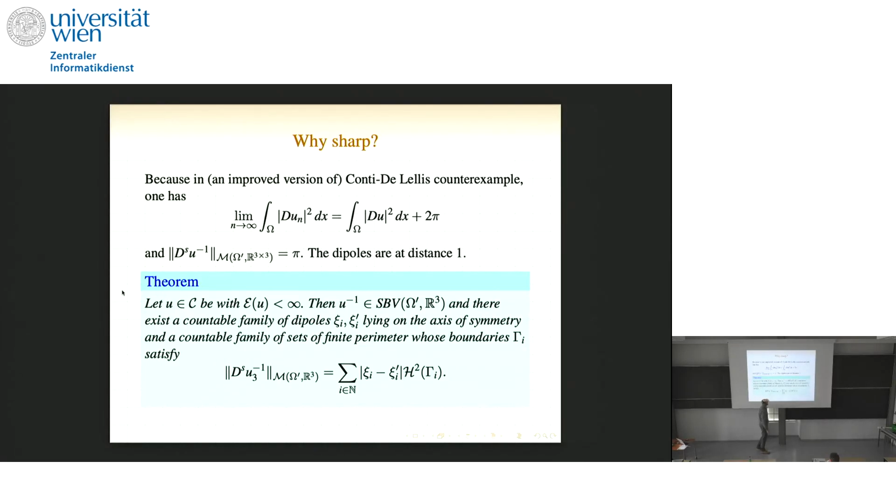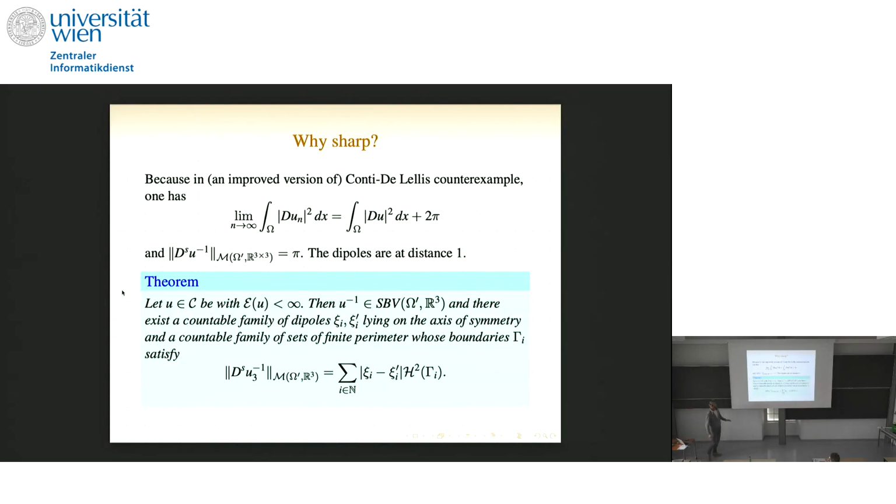The singular part is precisely given by the distance. I mean, you know that there is a maximum countable number of dipoles, and then it is given by the distance of the dipoles for the surface where there is the discontinuity. And this is precisely what happened for the Conti-De Lellis counterexample, and I think also in the new counterexample.